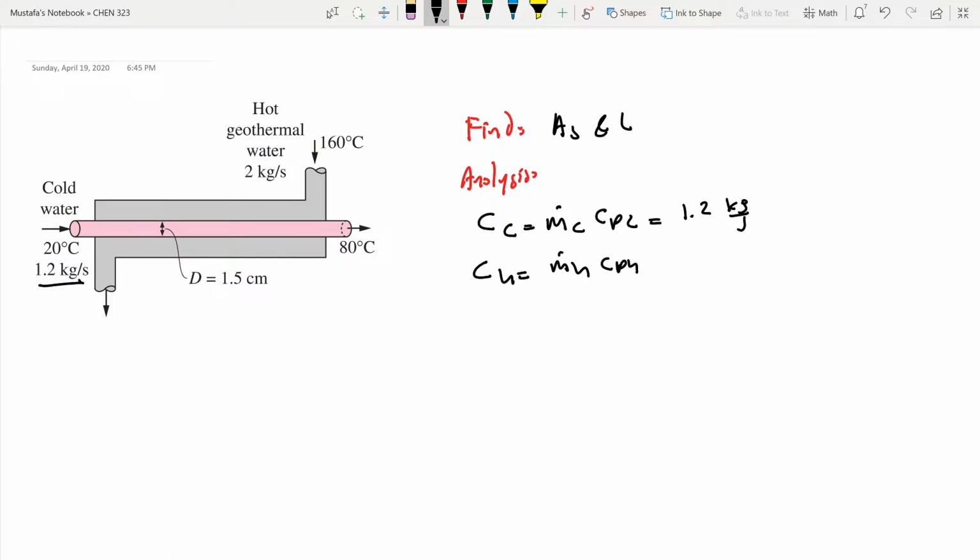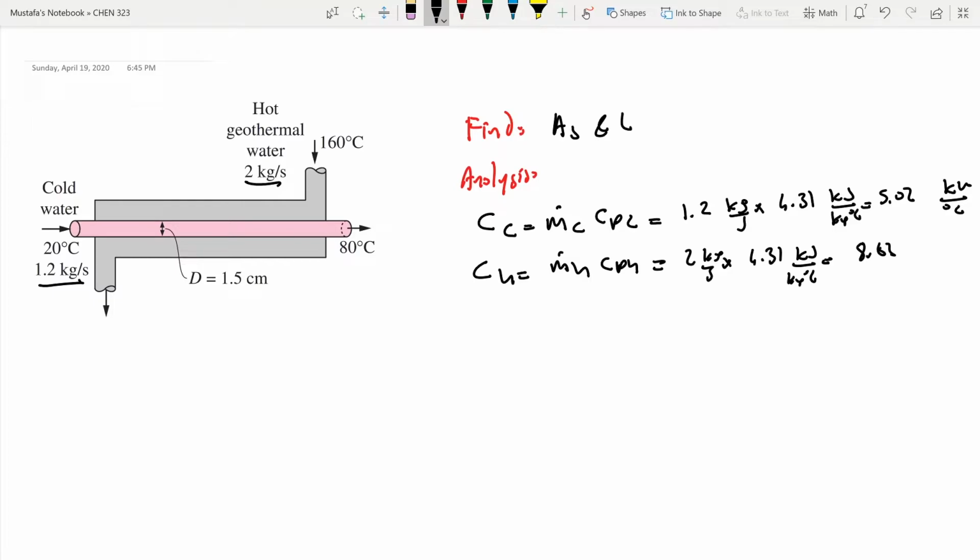For Cp we use 4.31 kilojoule per kilogram per Celsius, which gives 8.62 kilowatt per Celsius. For the hot side, we have 2 kilogram per second and a heat capacity of 4.31 kilojoule per kilogram per Celsius. Sorry, so the cold is 5.02, hot is 8.62.